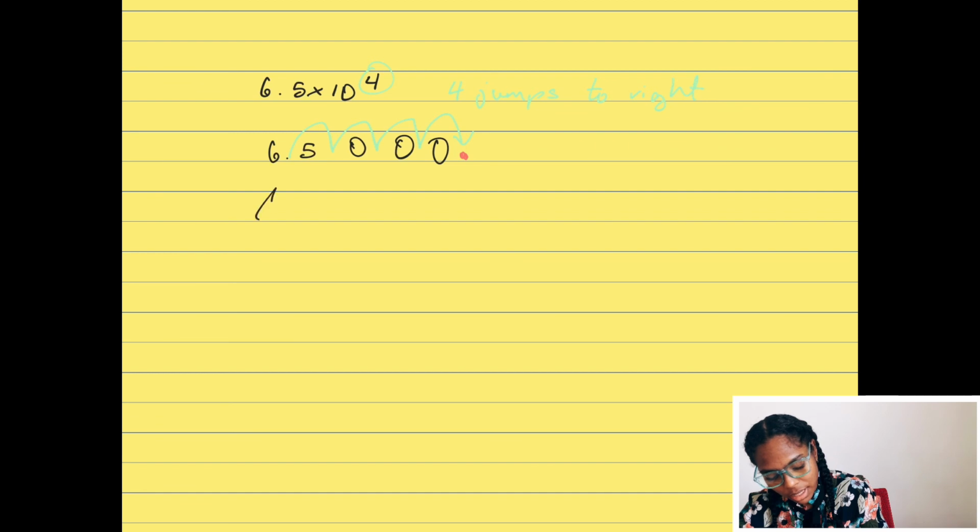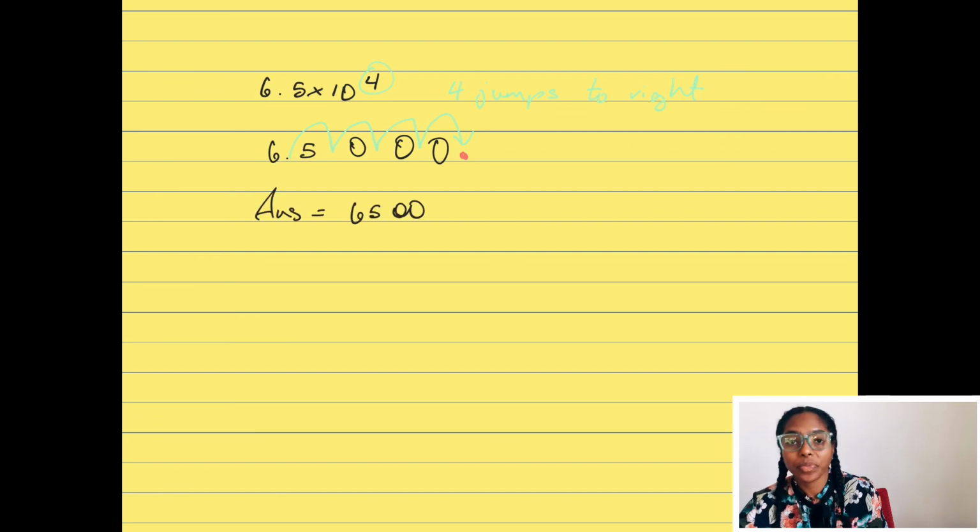So our answer here is 65,000. So 65,000, if written in standard form, will be 6.5 times 10 to the 4.